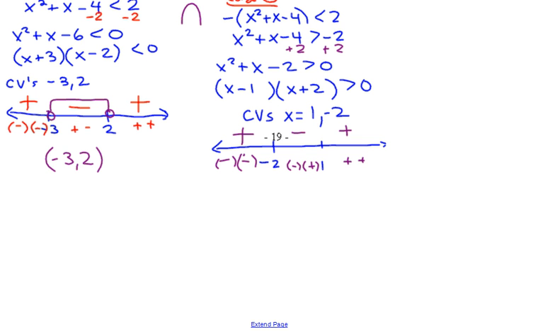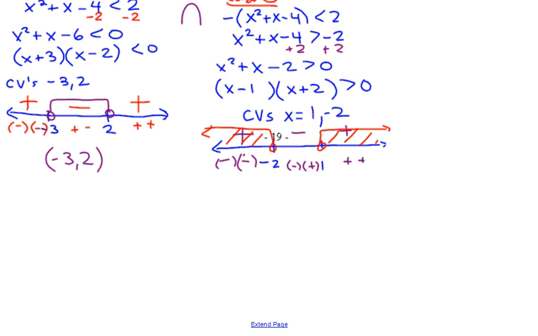Okay, so this time, when is this function greater than 0? There's here and here. So we want the intersection of these two solutions. Right now this part was negative infinity to negative 2, and 1 to infinity.